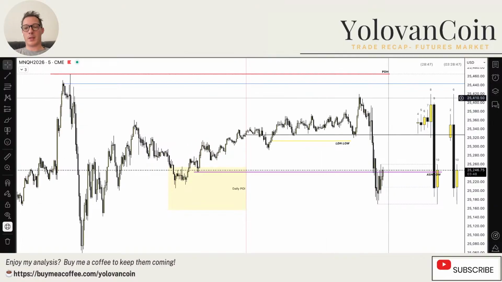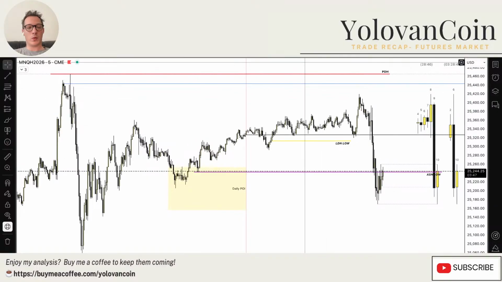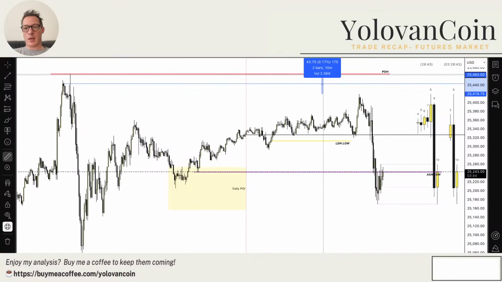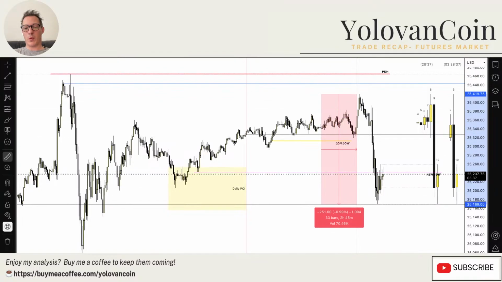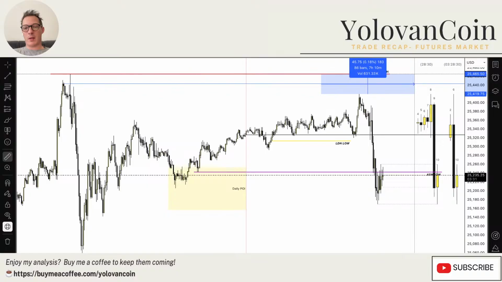Because you see the price was so close to take out this level. So 47 points, okay? 47 points, and the market moved 250 points instead of just going 47 and taking out the pre-daily low. So it's just a range bound move.